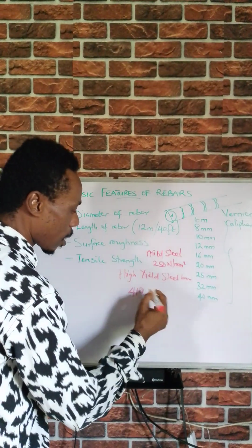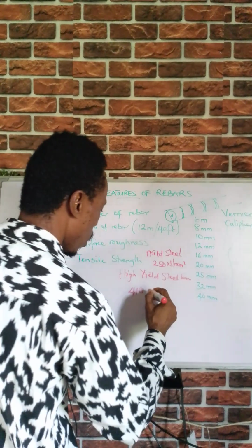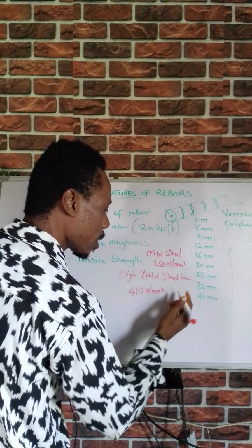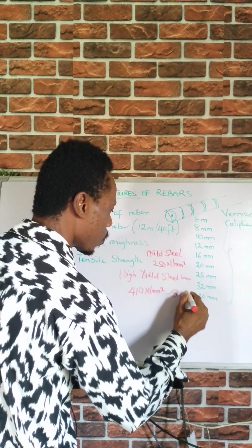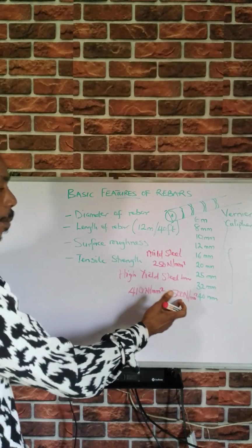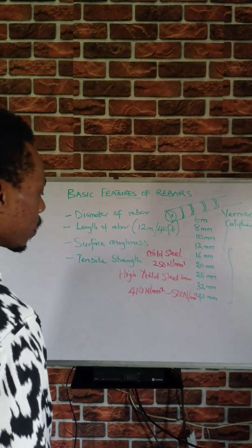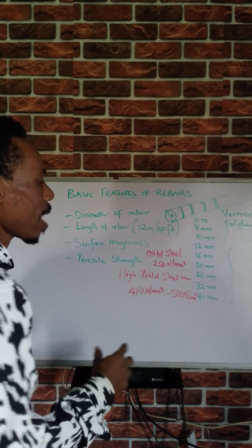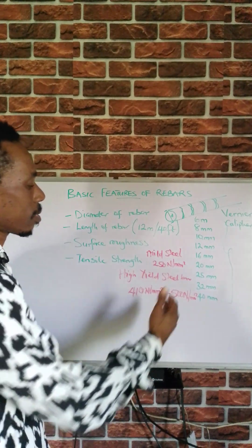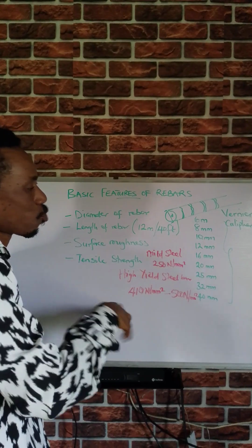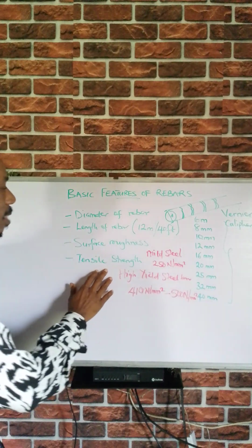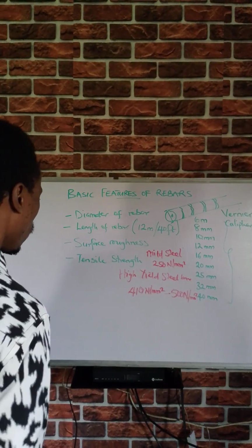Predominantly in this part of the country, we have more 410 Newton per millimeter square, but it gets to 500. We also have 500 Newton per millimeter square. As the case may be, it can be higher than this as well, depending on the area where that steel is to be used. We can have this as their tensile strength, but in terms of the diameter, it can differ. So that is the tensile strength of reinforcement.